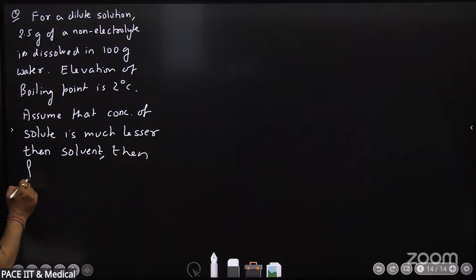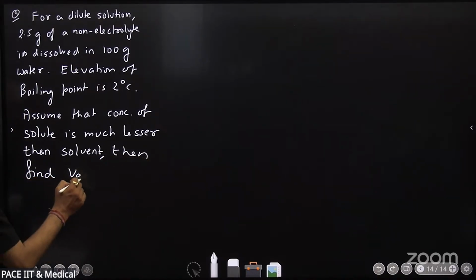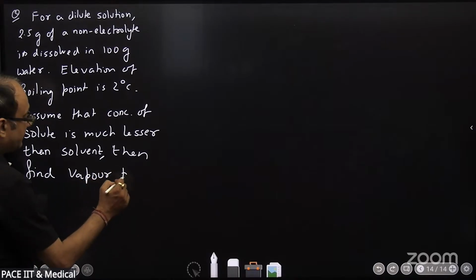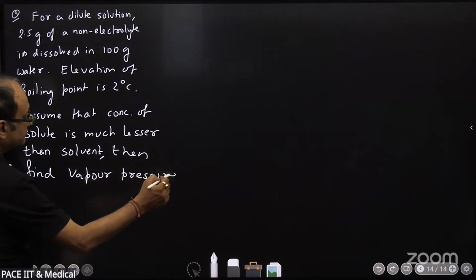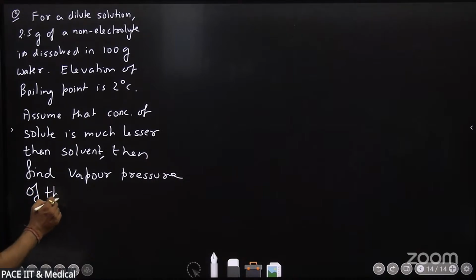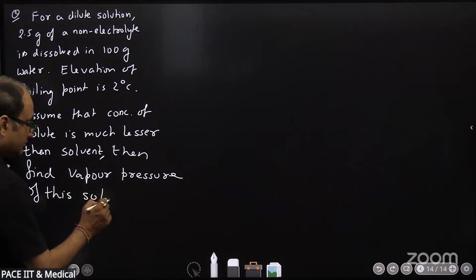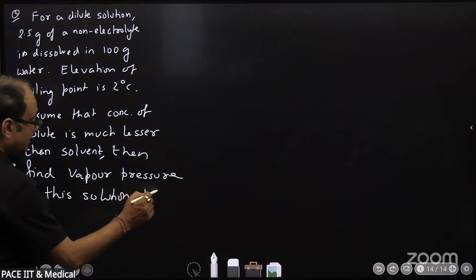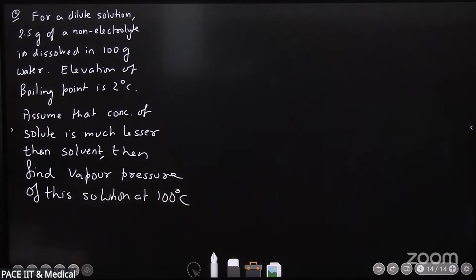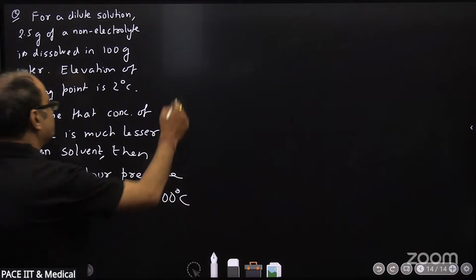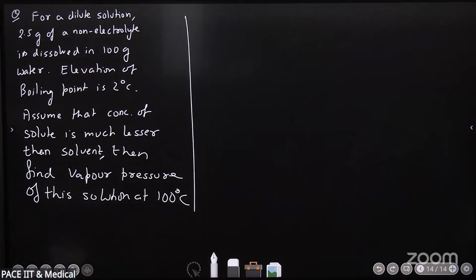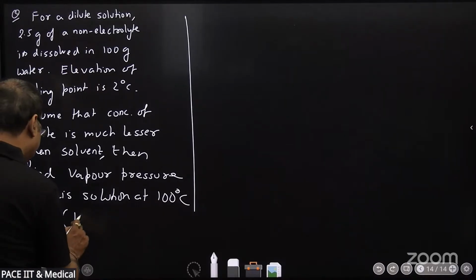Then find the vapor pressure of this solution at 100 degrees centigrade. Try to think for a minute. Two properties have been combined here. Kb value of water is given, 0.76.